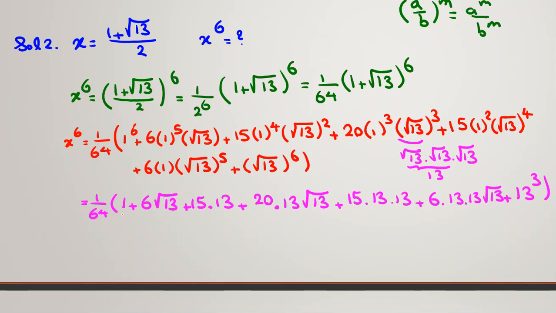Okay, so if we calculate the constant numbers here, and the numbers that have root 13 separately: 1, then 15 times 13 is 195, plus 15 times 13 times 13, which is 2535, plus the next one, and the last one is 13 cubed.